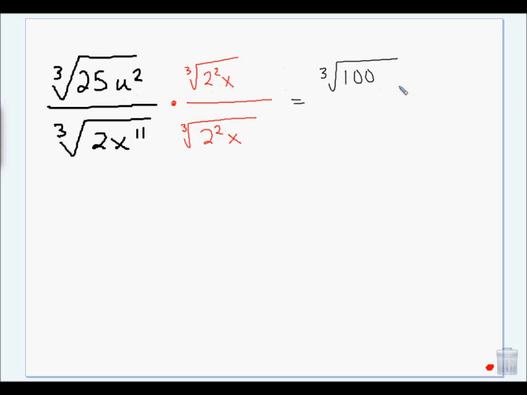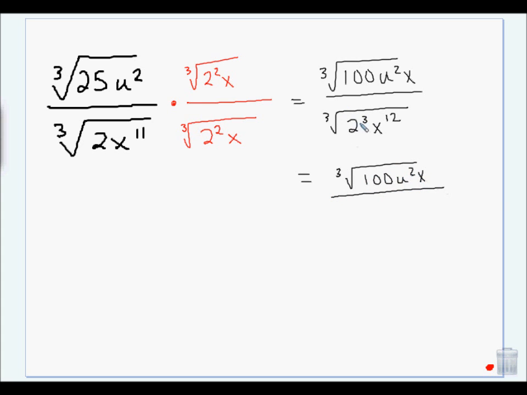Because 4 times 25 is 100. y squared x over the cube root of 2 to the 3rd x to the 12th. 100 is not going to have a perfect cube in it because I have 2 squared and 25. There's no extra 2 or anything like that, so that's going to stay the same. And then I have 2, and I do 12 divided by 3, so that's x to the 4th.